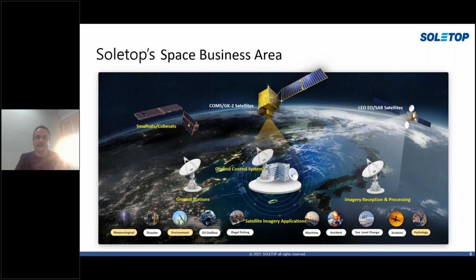So these kinds of major applications were there, and Soletop was very active in providing the data to the customer and solving the real-time forest fire problems as well. Those kinds of applications will be very important in future using small satellites, and not only in LEO orbits but in deep space as well.